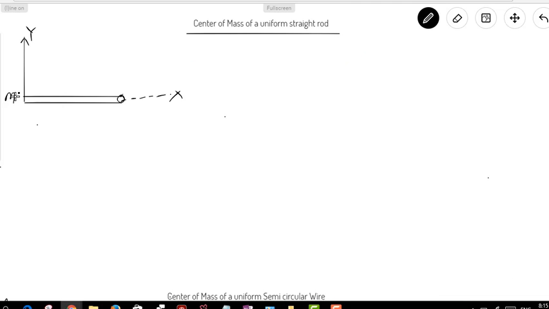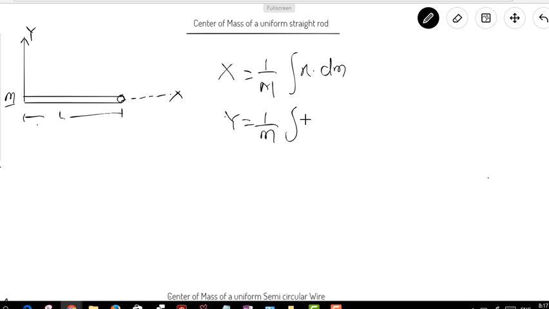Let's say that this is our uniform straight rod of mass m and length L. We know that the center of mass of a continuous body can be calculated by using a formula. Suppose you want to find the x coordinate of center of mass, then the formula will be 1 by m integration of x dm, where x is the x coordinate of the differential element of mass dm, and similarly for y it will be 1 by m integration of y dm.